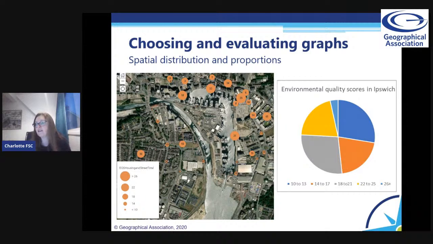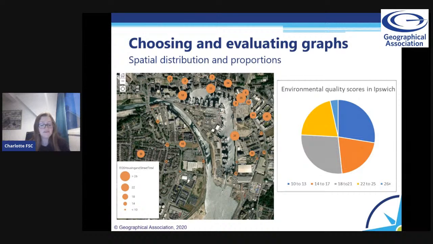I can see, oh, some areas are quite near areas of water and the marina, maybe it's quite nice there, improves the environmental quality, and because there's more open space, cleaner, something like that. So that's quite useful. It's also clear what is good and bad environmental quality. Large symbols, good; small symbols, bad.